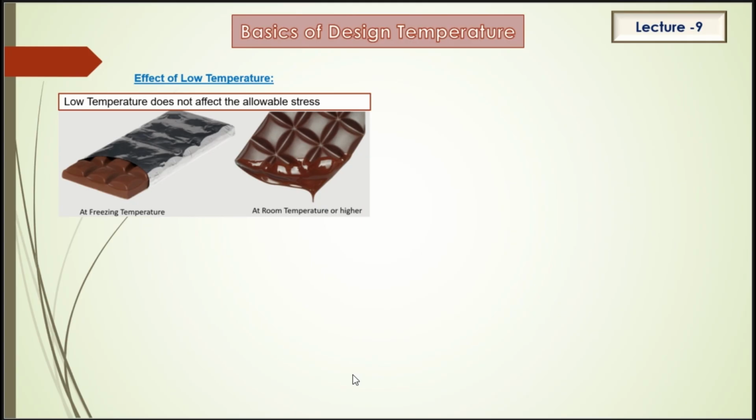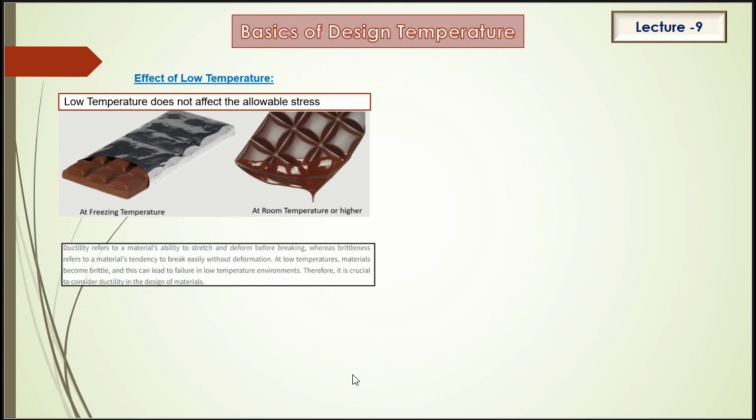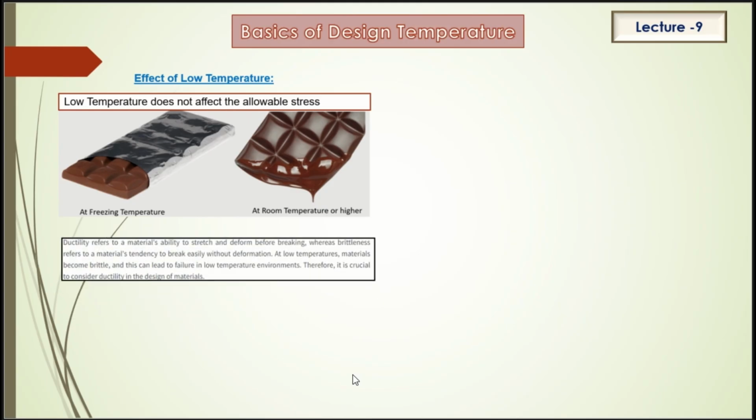We know that at low temperature conditions, the atoms come closer to each other. That means it increases its strength. But after a certain limit, for example minus 150 or minus 200, the material loses its important property like ductility, and it will only have brittleness, which is dangerous, guys.